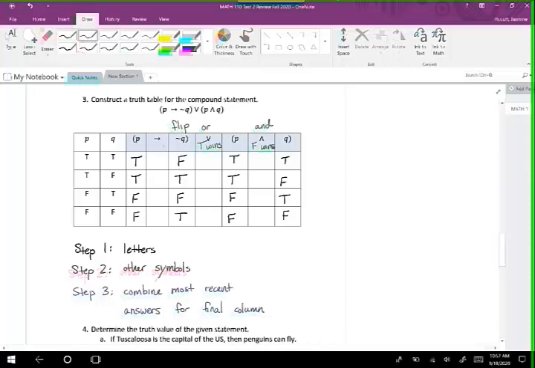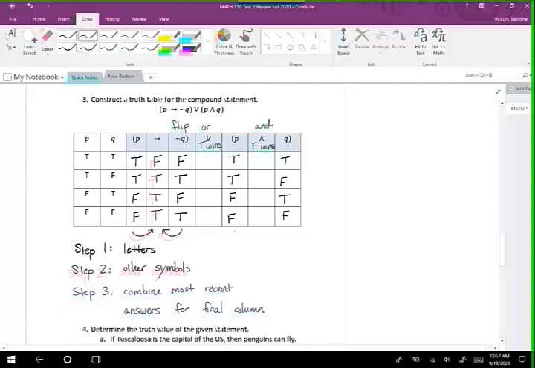So first let's do the arrow. Remember, for the if P then Q, if you go back and reference our first page, the only way for this to be a false statement is if the first thing is true and the second thing is false. So that's the case for that first row. But for any other combination, the statement is true. So what we're doing here is we're combining these outer two columns to get the middle.